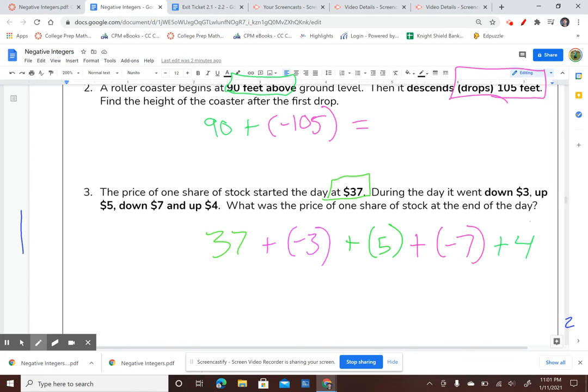And obviously, you don't have to color code it like I do. I just like to use green and red to differentiate between positives and negatives. It helps me out. But either way you do it, you're going to go ahead and solve.